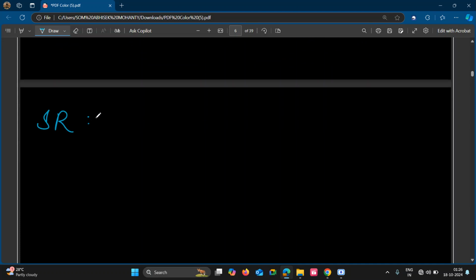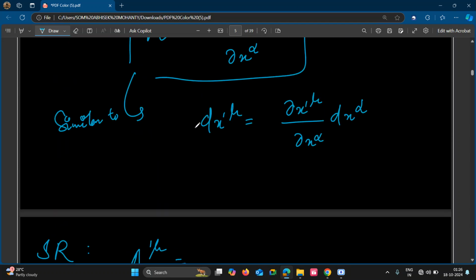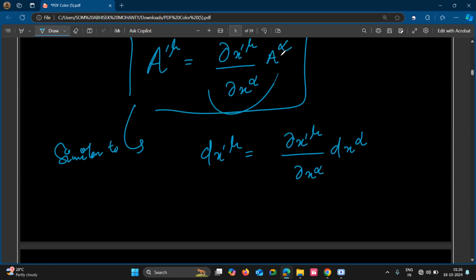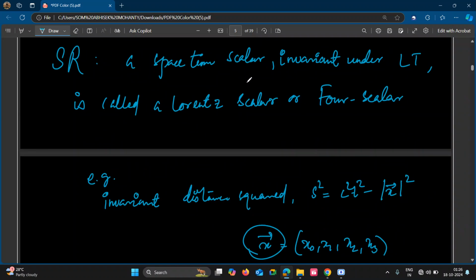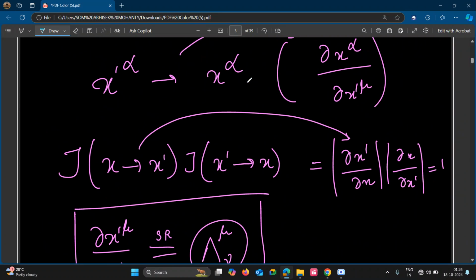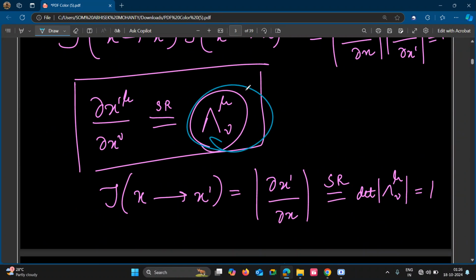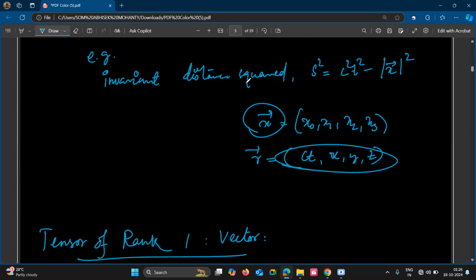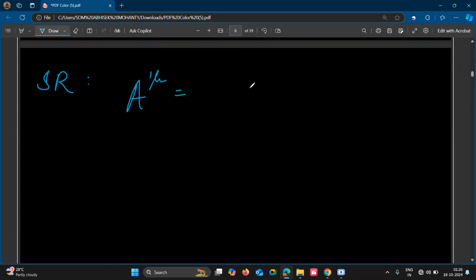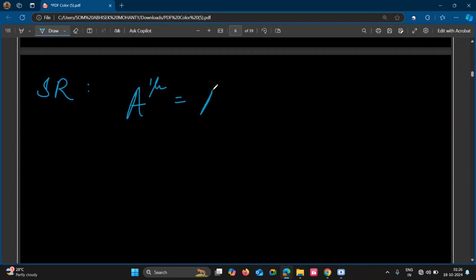Now how is this contravariant vector used in special relativity? The above transformation rule becomes A dash mu equal to, if you remember, what I have given here as the shortcut, lambda mu alpha. We cannot keep writing it out again and again.